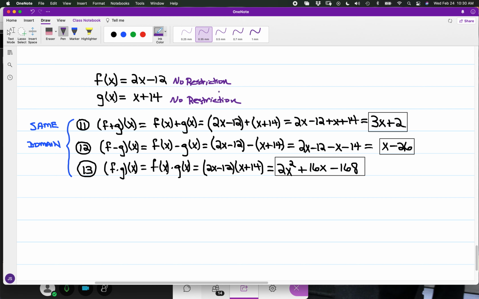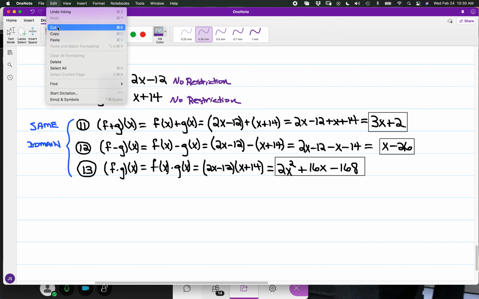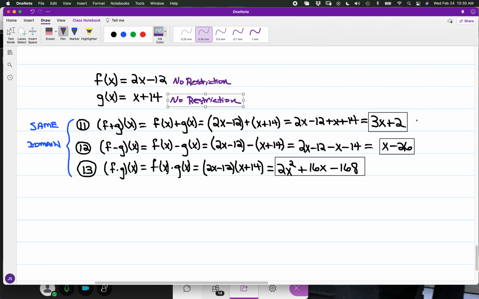And since there's no restriction, that's just going to cascade throughout what we have for the sum, difference, and product functions. So you have no restriction, no restriction, and no restriction.